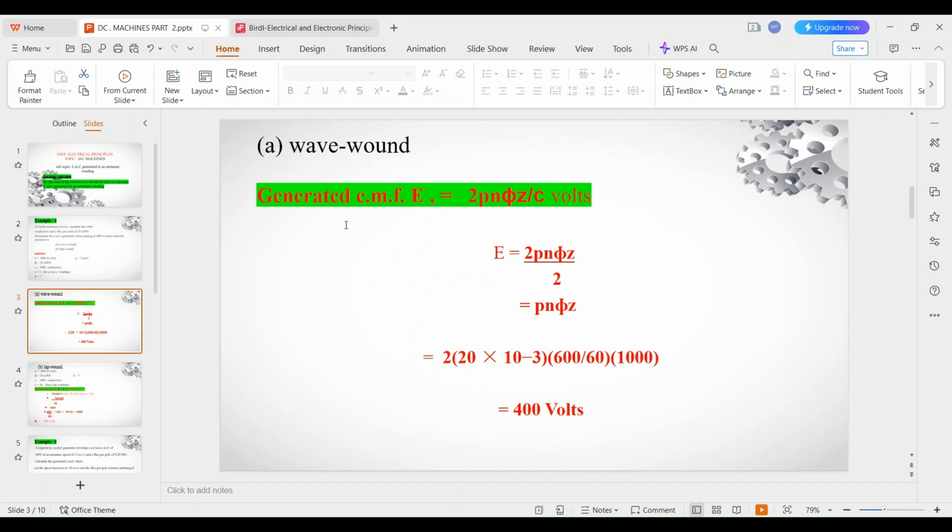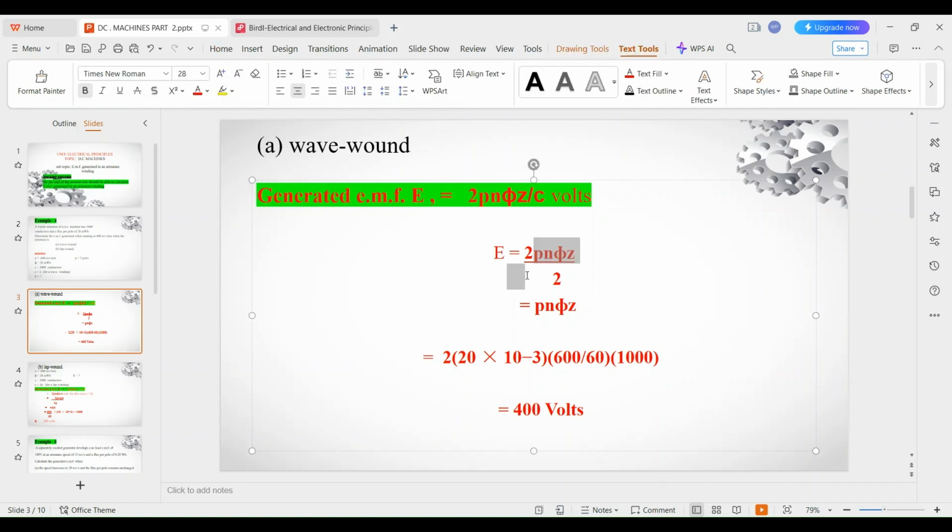Therefore, E will be given by 2P N phi Z divided by C, and our C is 2. So this 2 and the 2 for the number of pairs shall cancel. Are you together?